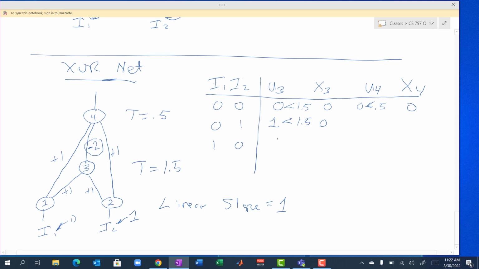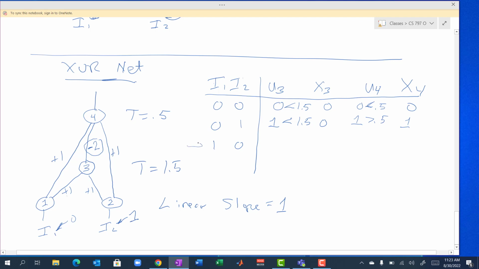We're doing neuron number 4 now. All right, so we get 0 times 1 plus 1 times 1. So we get a 1, and then we still have a 0 times the minus 2. So we have a net input of 1 here that's bigger than the threshold, so neuron 4 fires.